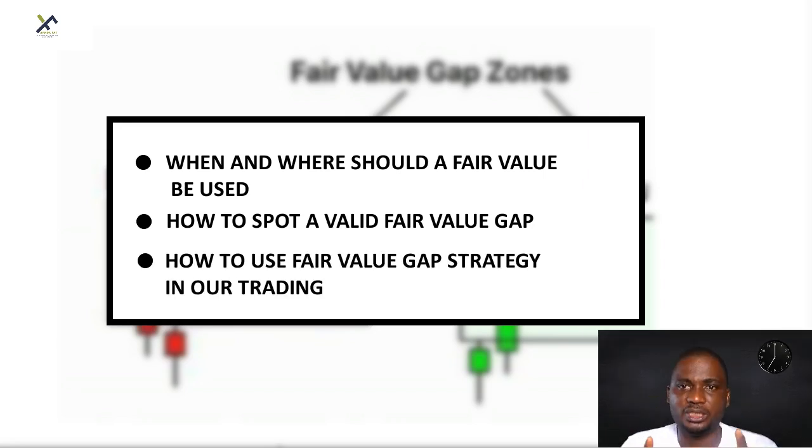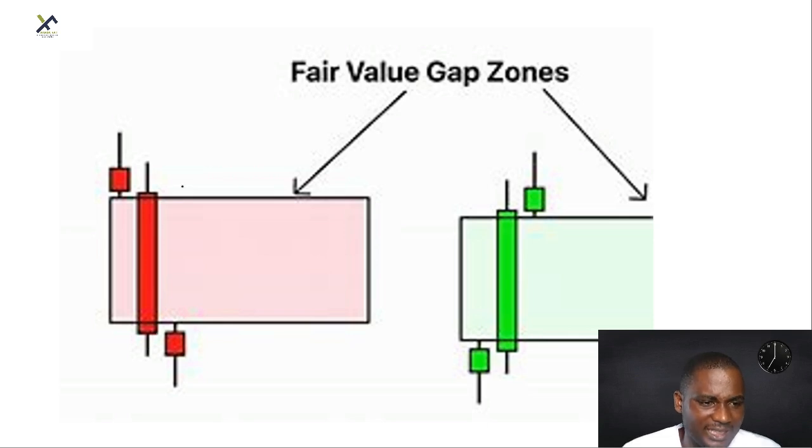strategy in our trading. In a fair value gap pattern, 3 candlesticks must be involved. Okay, now we have candle 1, candle 2, and candle 3. One of the candles must be the longest. The 2 other candles following are the ones that create the gap.